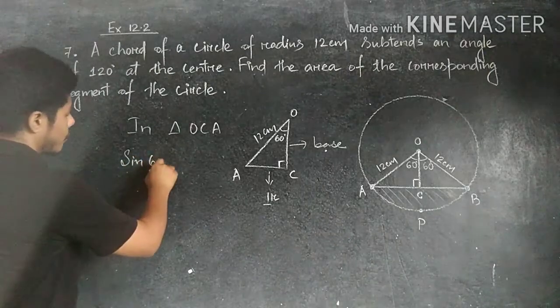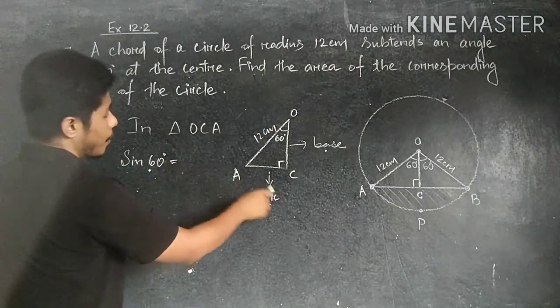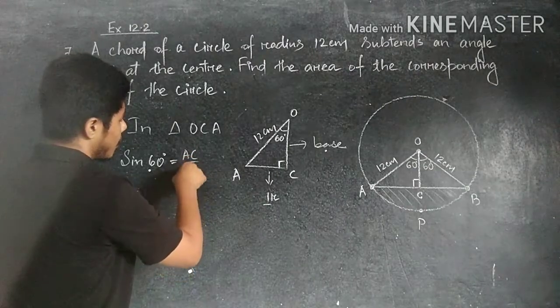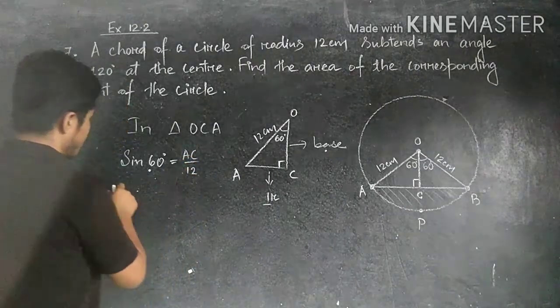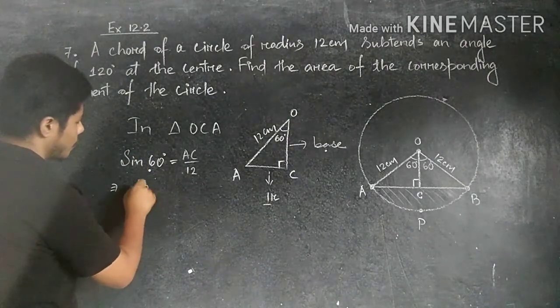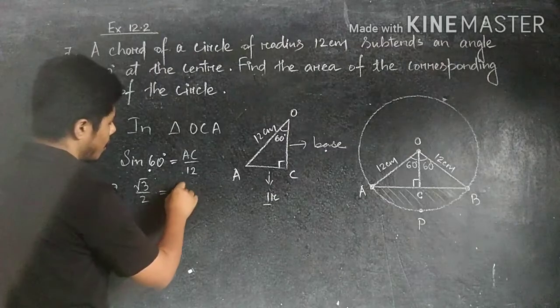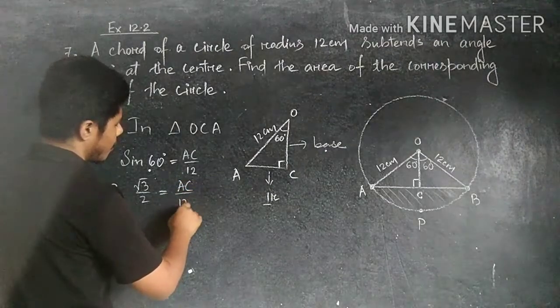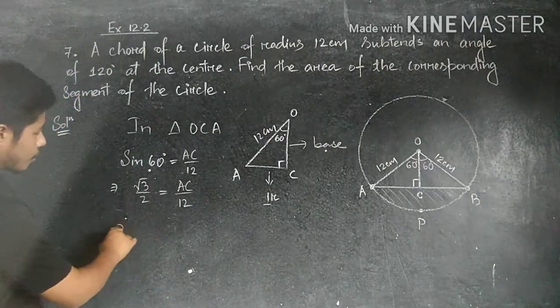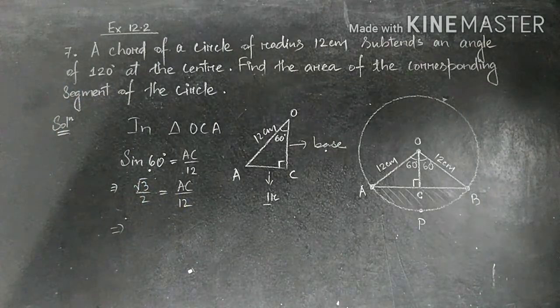So we write sine 60 degree equals perpendicular by hypotenuse. That means AC by what? 12 centimeter. We know the sine 60 degree value is how much? Root 3 by 2. So we write root 3 by 2 equals AC by 12 centimeter. Is it clear? Now if you cross multiply, the 2 and 12 we can easily cancel.